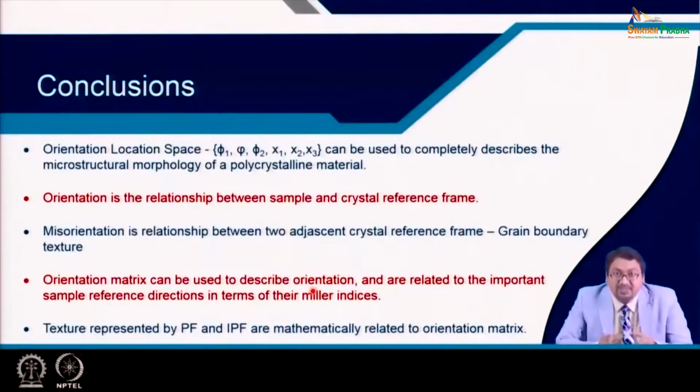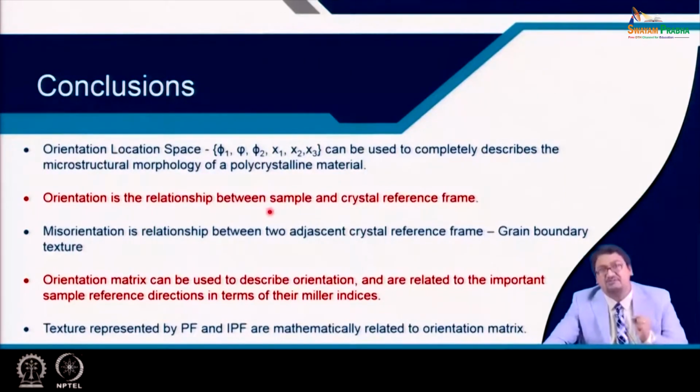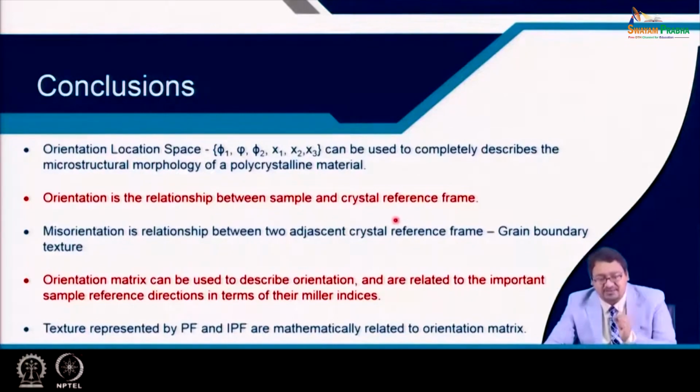So, from this lecture we can conclude, first, that orientation location space, which is phi 1, phi 2, x1, x2, x3, can be used to completely describe the microstructural morphology of a polycrystalline material. Second, orientation is the relationship between the sample and the crystal frame of reference.